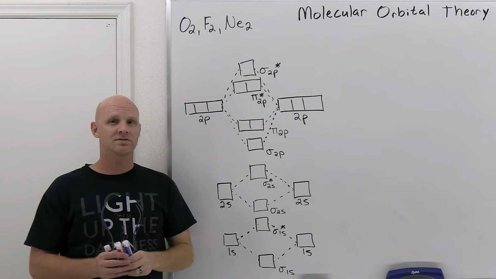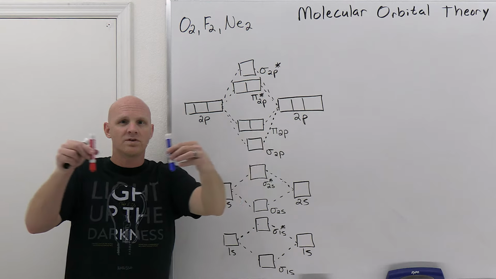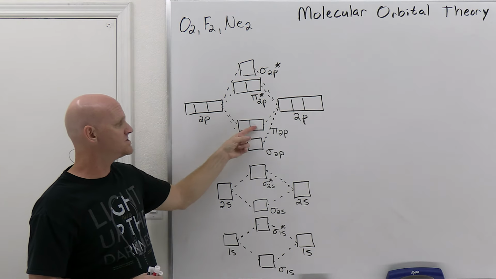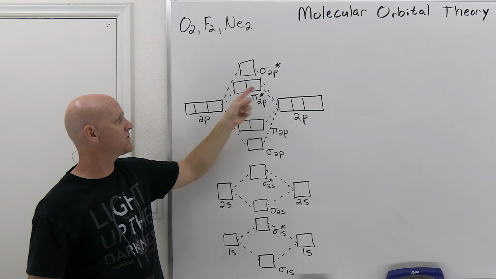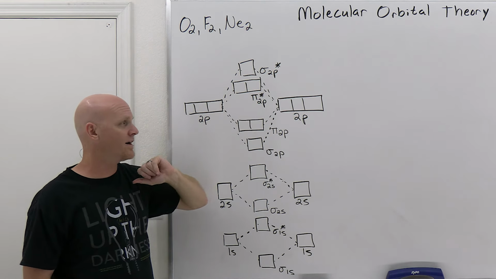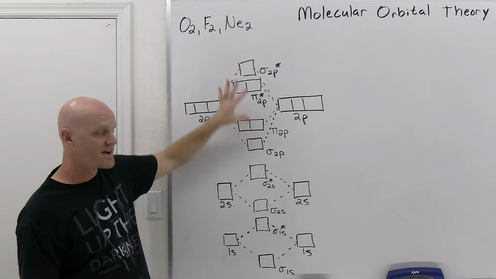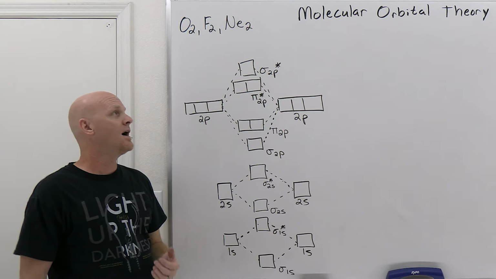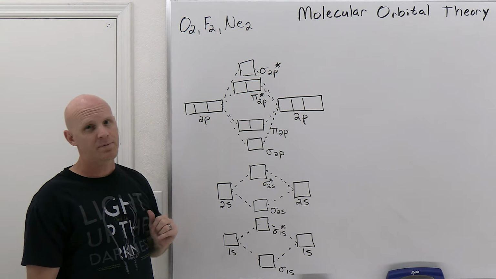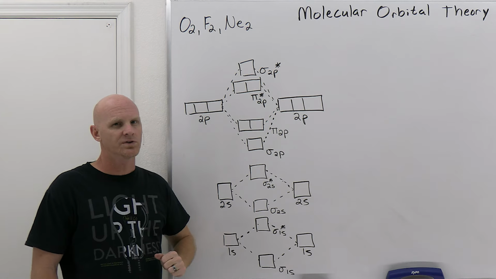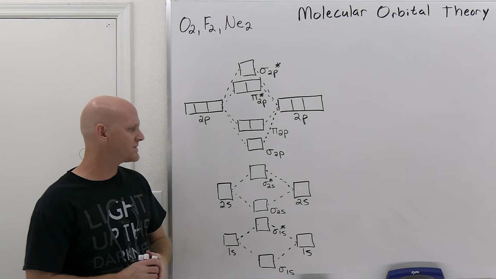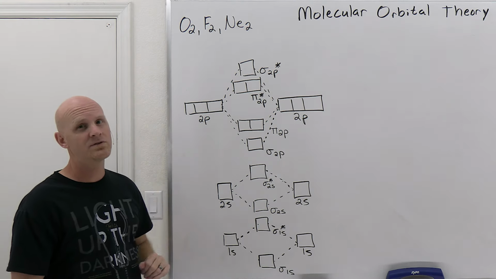But then px and py, when they overlap side to side, lead to lower energy pi 2p molecular orbitals and higher energy pi 2p star antibonding molecular orbitals. So this is what the diagram would look like. Now we'll find out that for everybody left of oxygen on the periodic table in period 2, the diagram's going to switch just a little bit, and we'll talk about why and point it out. But this is the diagram we've got to fill in.